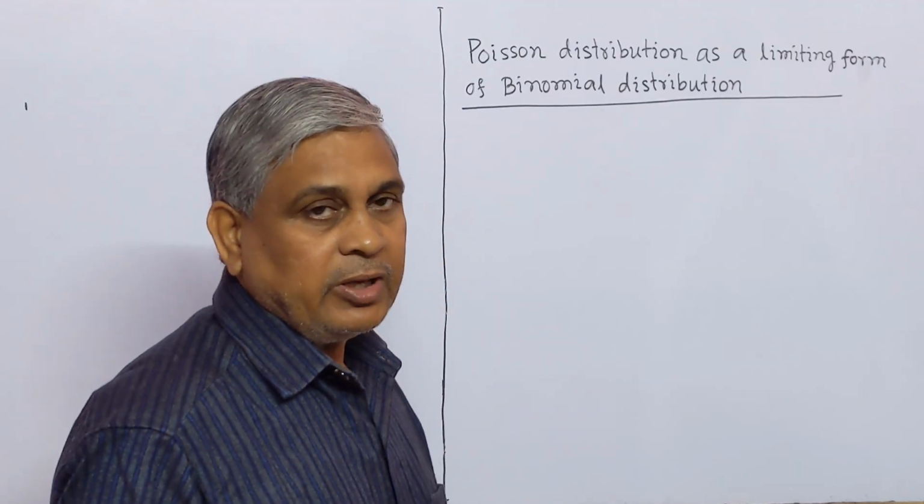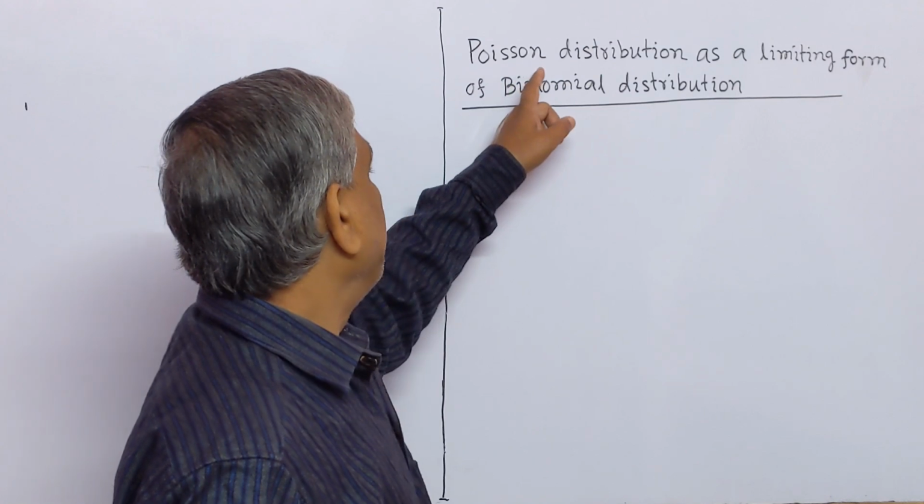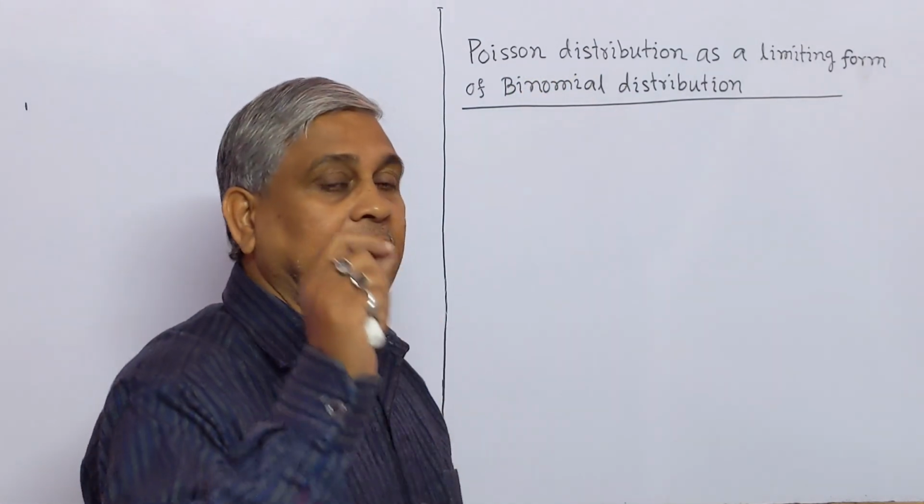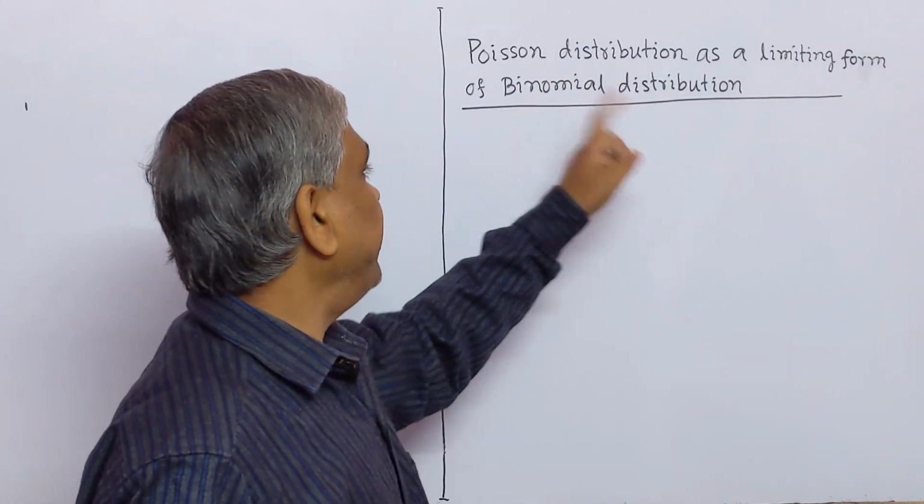Now we derive the formula for Poisson distribution as a limiting form of binomial distribution.